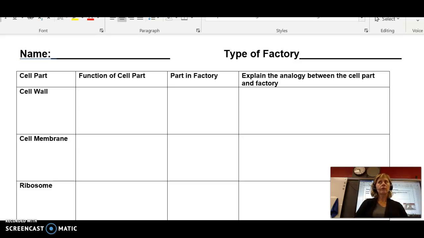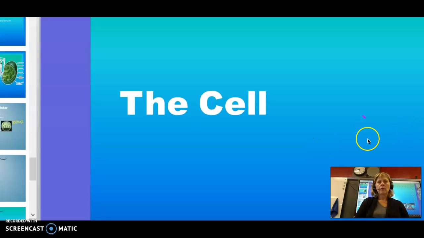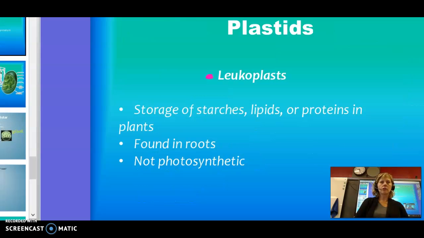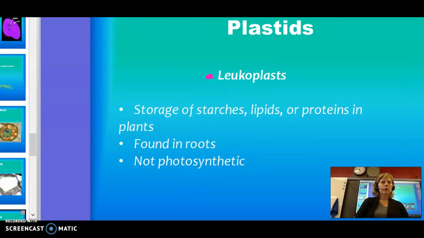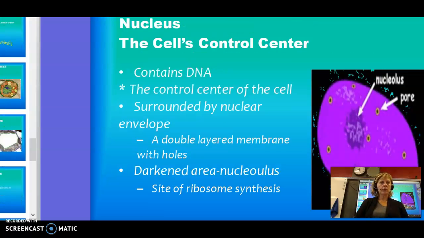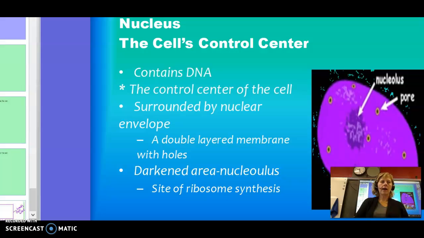So if your best friend says, I'm going to do Taco Bell, and you say, I'm going to do Taco Bell too, and you turn in the same project, this is not a group project, so I won't accept that. Make sure that yours is your own. Remember that you have all of the definitions to all of these organelles in the notes that are posted, so you have complete access to that.